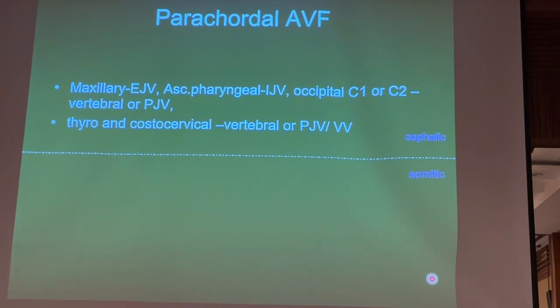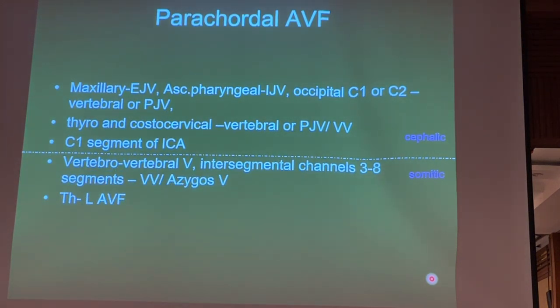We can see it at the thyrocostocervical vertebral level, and I told you we include the C1 segment of the internal carotid artery. In the somatic downward level, you can have the vertebral artery to veins as well as the intersegmental channels.